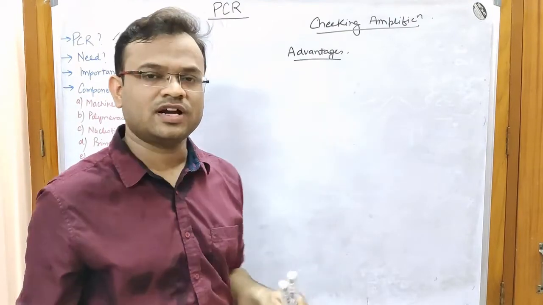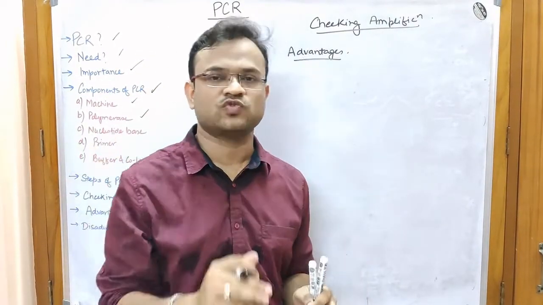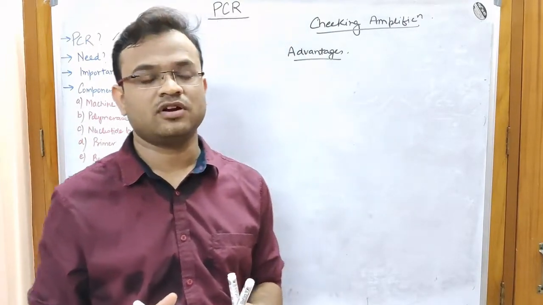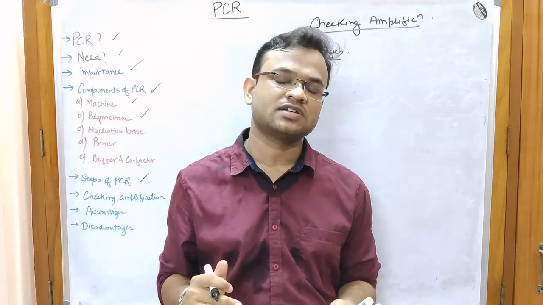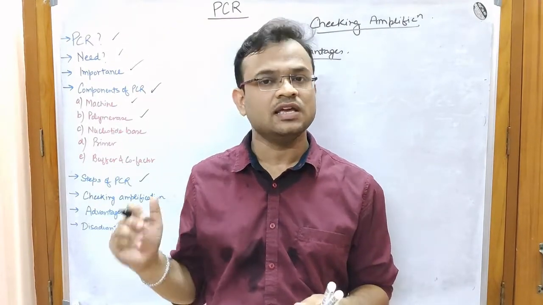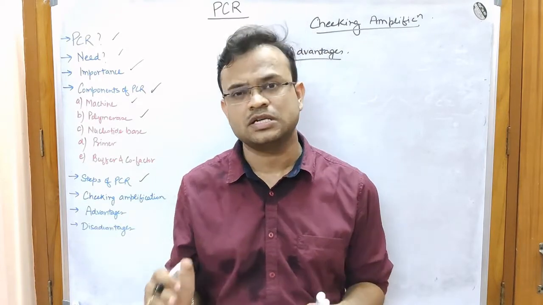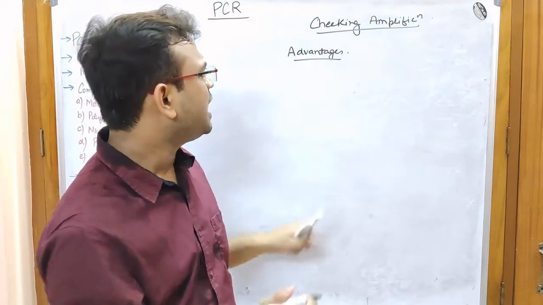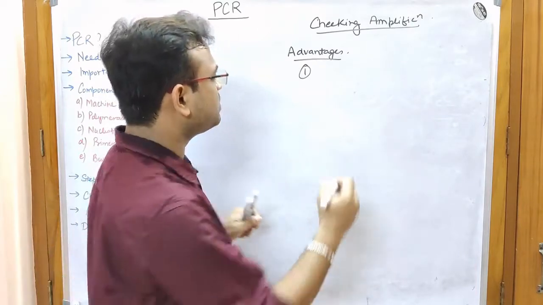There are a lot of advantages of the PCR machine. It is a very useful machine and is used routinely in molecular biology laboratories. In the current scenario of COVID, RT-PCR machines are used heavily for determining whether a particular person is infected with COVID or not. So advantages: first, it is highly robust.